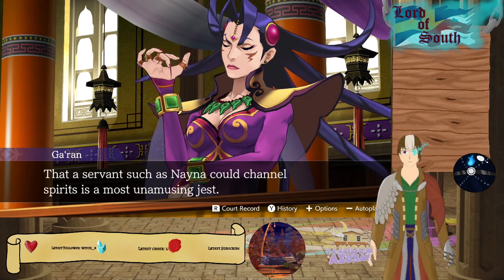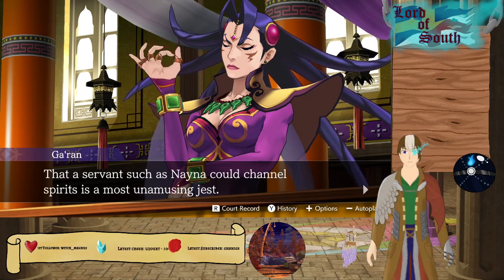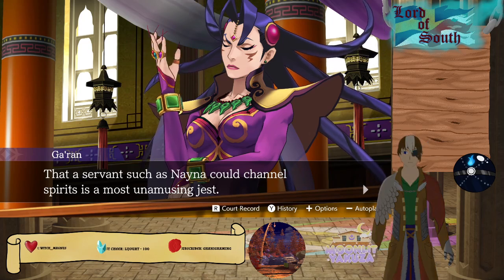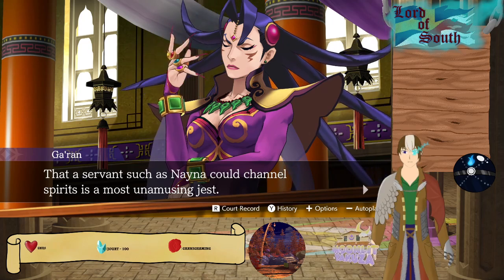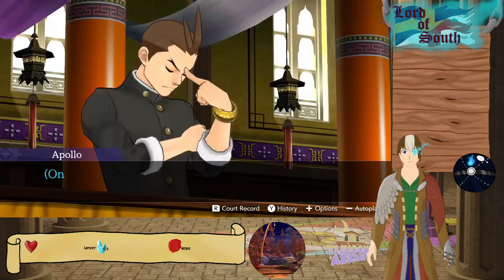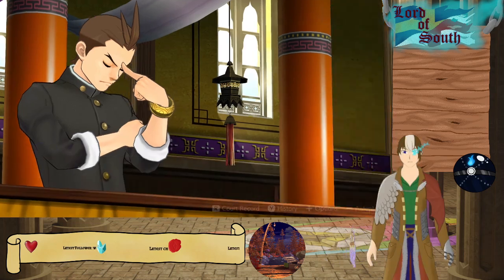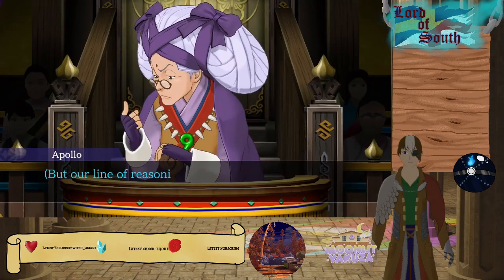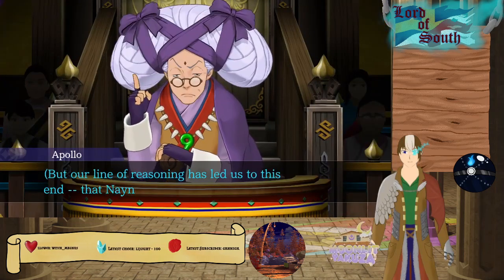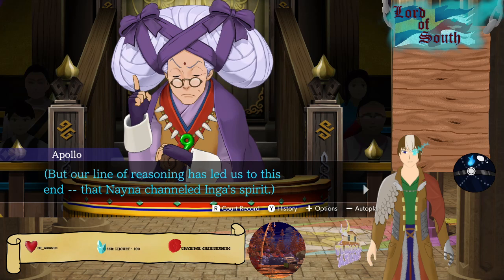That a servant such as Nina could channel spirits is a most unamusing jest. On the surface, anyway. But our line of reasoning has led us to this end, that Nina channeled Inga's spirit.